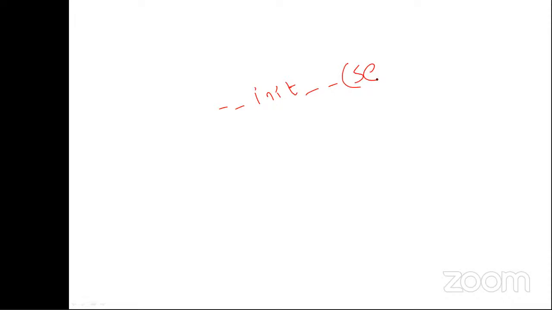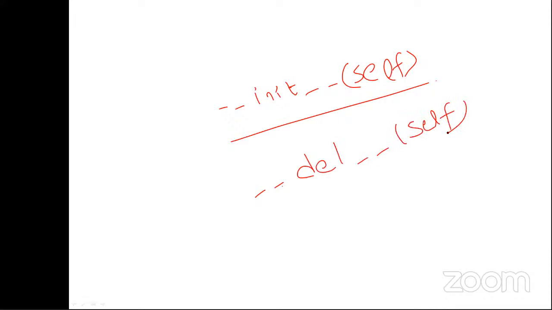This is the method we call a constructor, and it executes automatically when the object is created. Similarly, for the destructor, we use the method called underscore underscore del underscore underscore, with self by default. This is the method we use for the destructor, and it is executed at the time of deallocating the memory. These are the special methods.